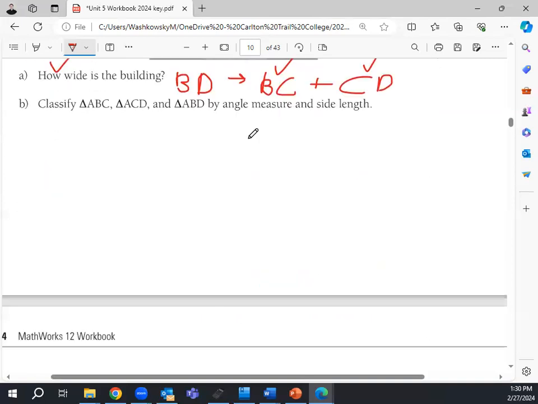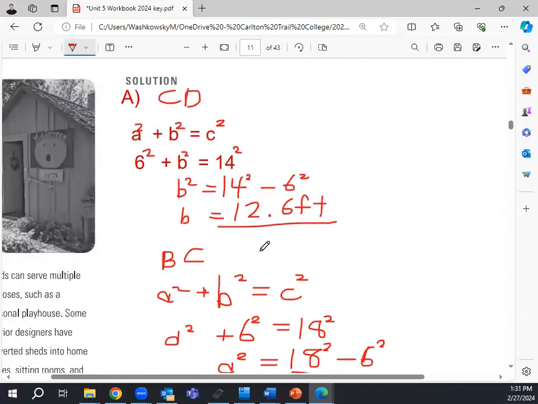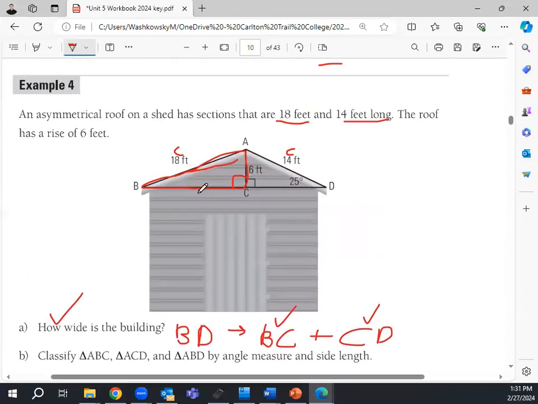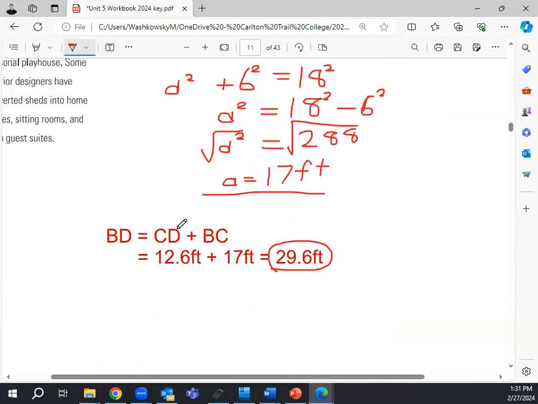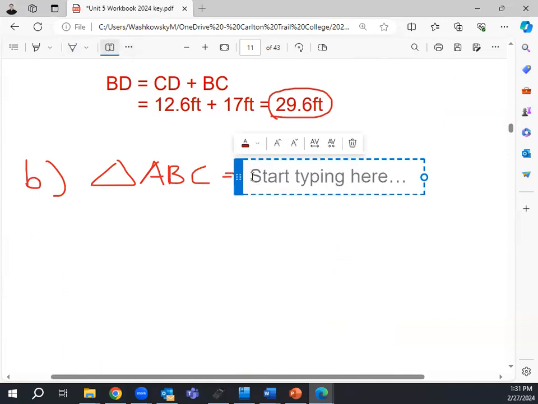It'd be scalene because all three of these sides are different. We know that BC was 17. So all the sides are different. So triangle ABC is a right scalene triangle.